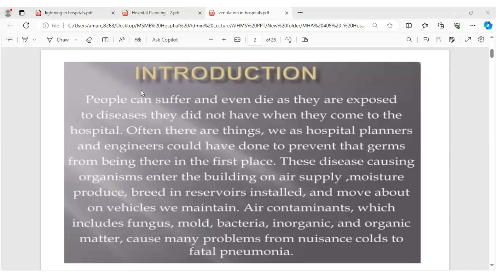People can suffer and even die as they are exposed to diseases they did not have when they come to the hospital. Often there are things we as hospital planners and engineers could have done to prevent germs from being there in the first place.